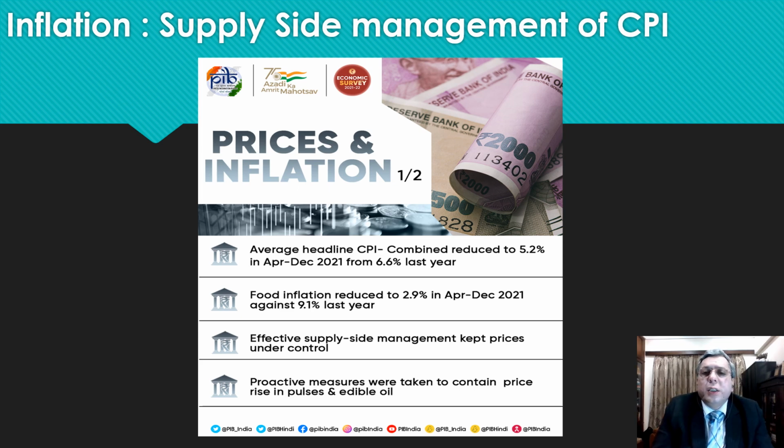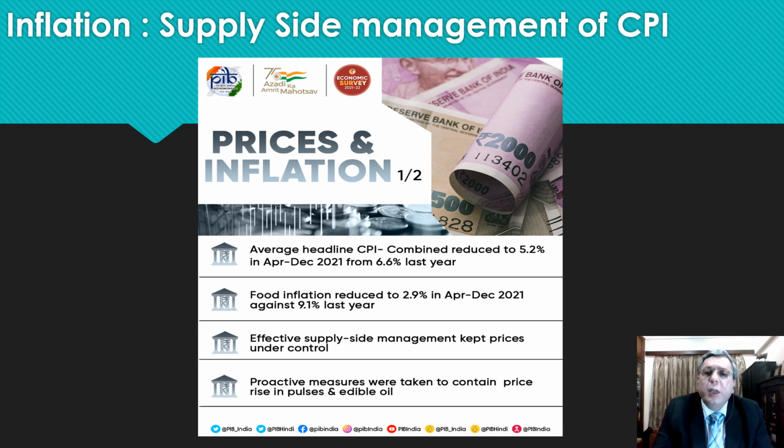Average headline CPI reduced to 5.2% from 6.6% last year, despite the 55% increase in oil and nearly 20 to 30% increase in other commodities. Food inflation has been reduced down to 2.9%. That is very commendable. Government took very strict measures on controlling food inflation.